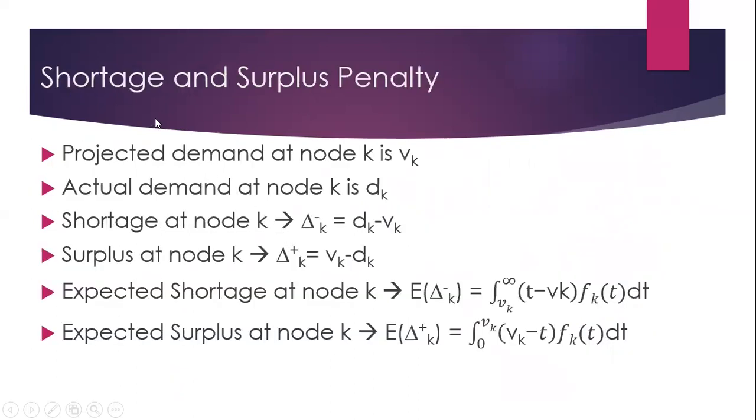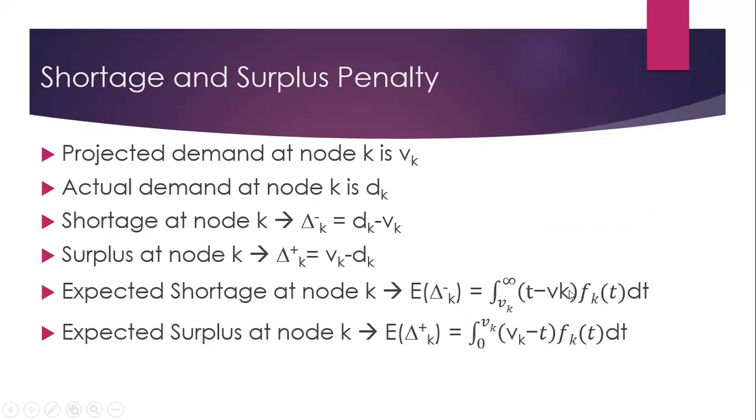Then there is shortage and surplus cost or penalty. So if projected demand at node K is VK, however the actual demand is DK, then shortage is DK minus VK and surplus is VK minus DK. So expected shortage at node K is given by this, and expected surplus at node K is given by this term.